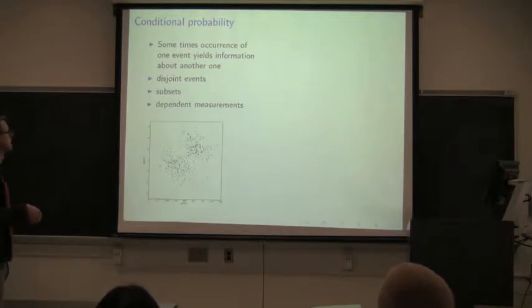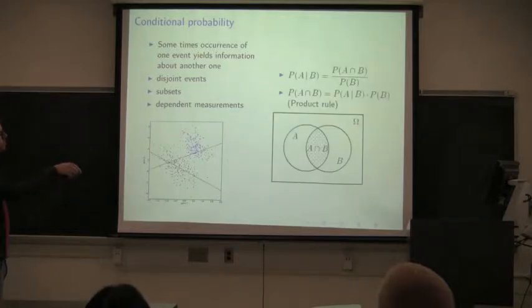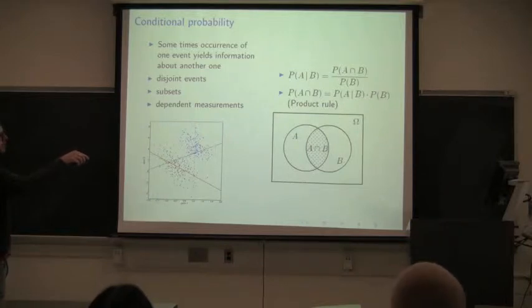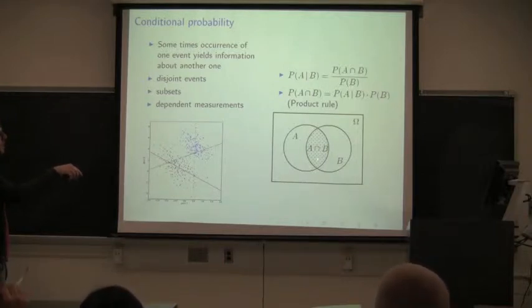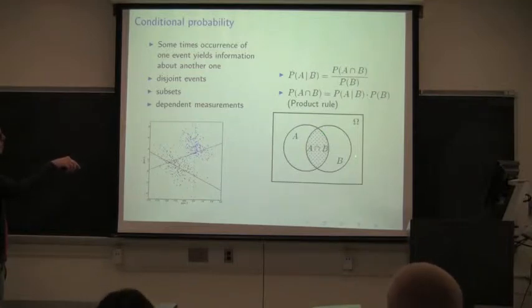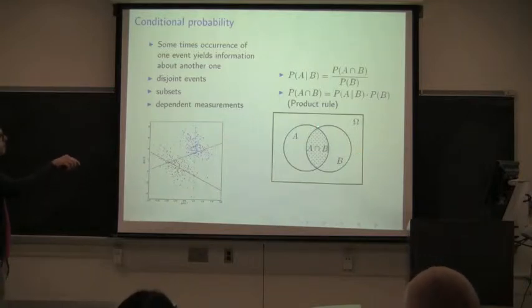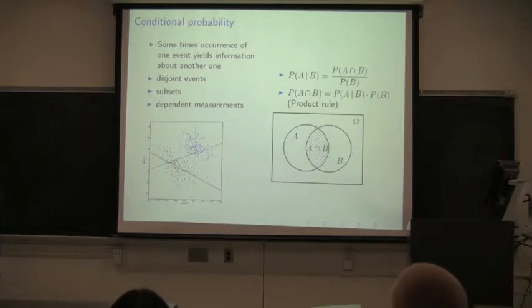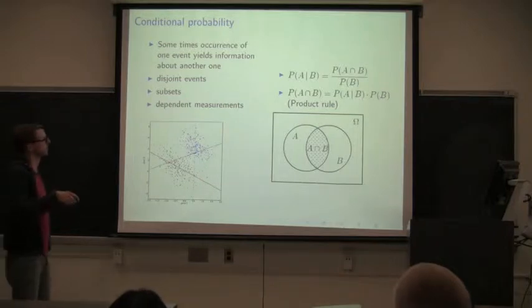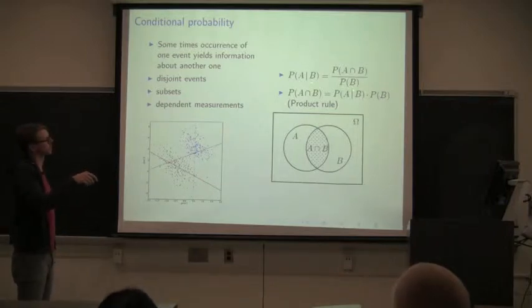The rule to compute this conditional probability, the probability that A happens given that we already observed that B happens, is the probability of the intersection divided by the probability of B. Since we already know that B happens, we are already somewhere in this circle, so we only have to normalize by the area of this event B. There's also the product rule, which can be derived from this.